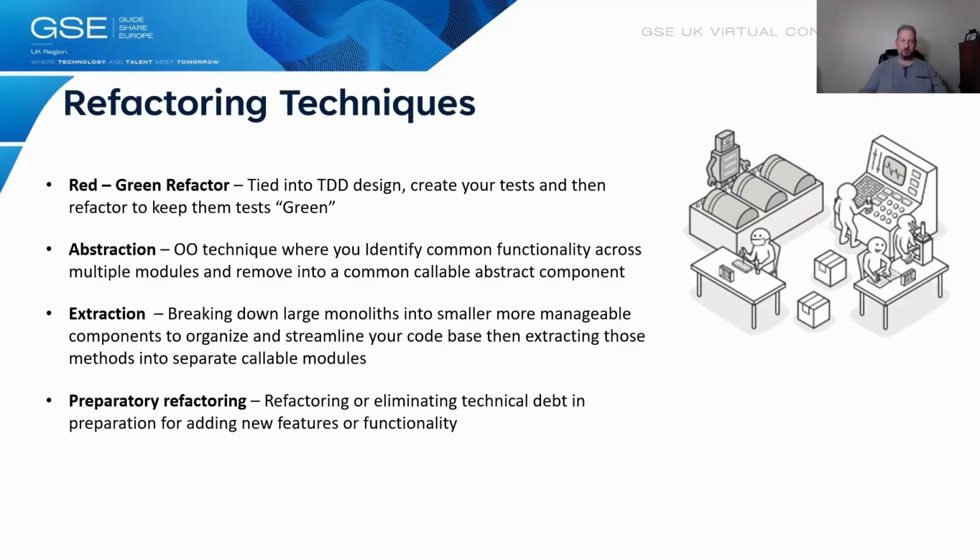So it doesn't matter which one of these techniques you practice. It just matters that you're taking the time and energy to go through and modernize and update your code, because it will benefit you, it will benefit the next guy who has to come in and make a change, and it will benefit your organization as a whole.